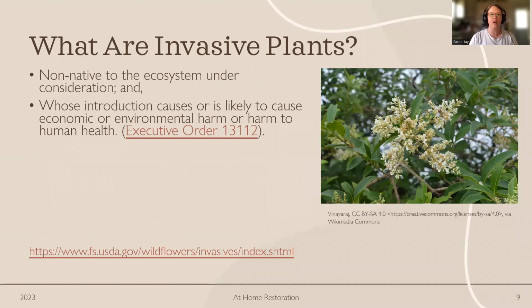Invasive plants are not native to the ecosystem. They're introduced, and that introduction causes harm to an economic or environmental sphere or to human health. Right here we have invasive privet. This is probably one of the most pervasive invasive plants in this area and maybe across the entire US.